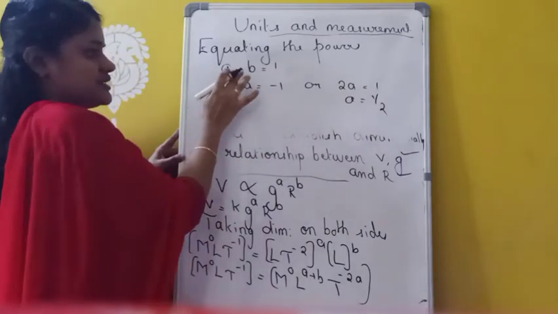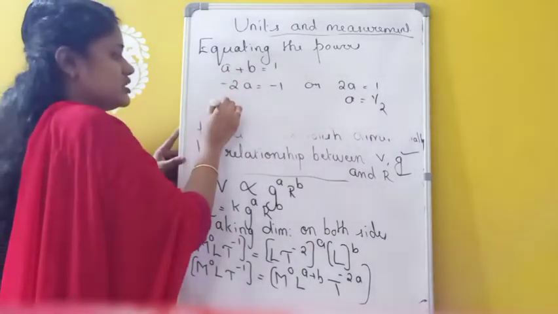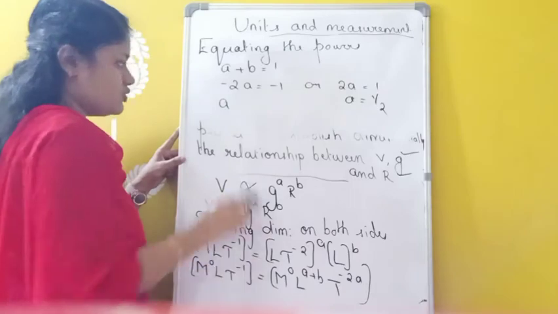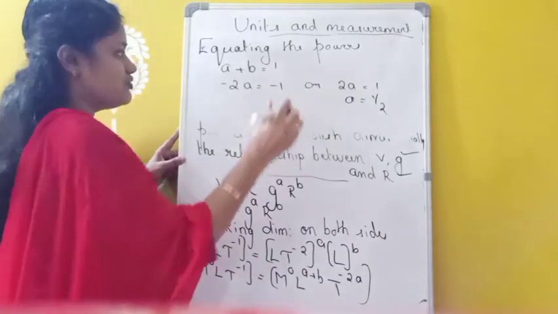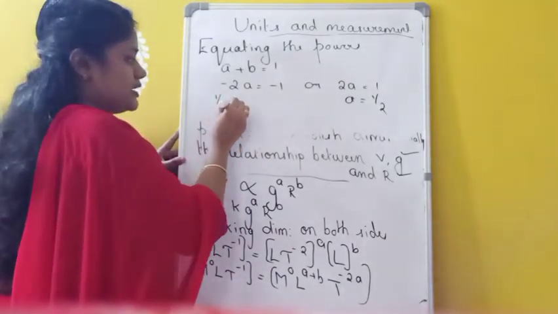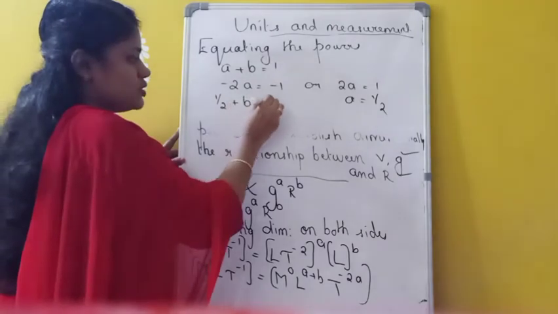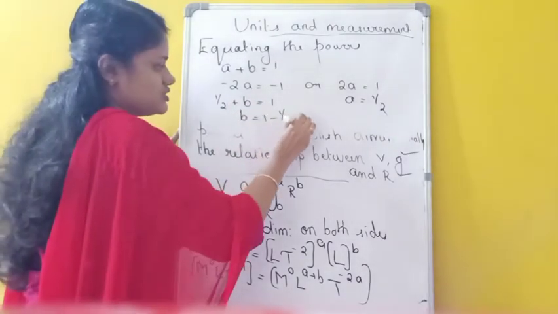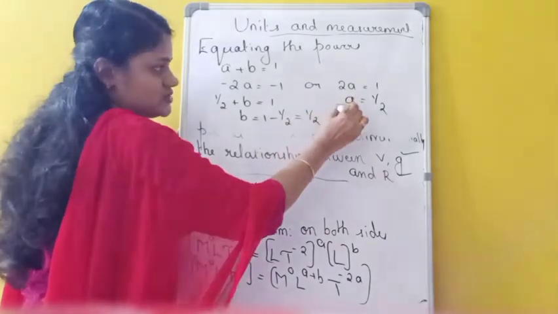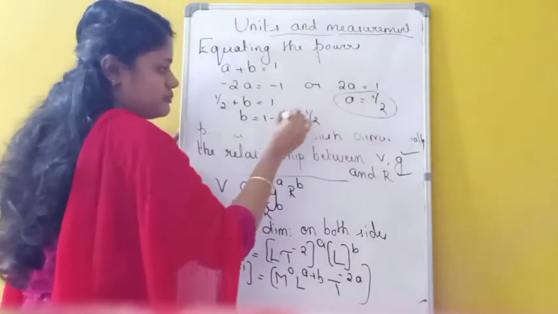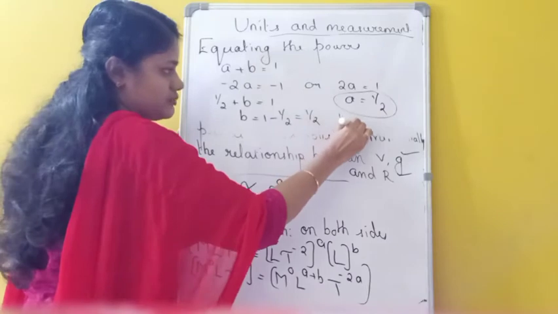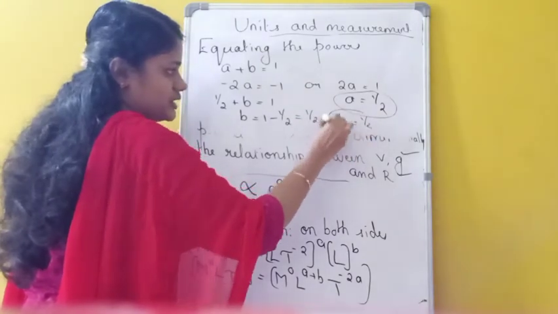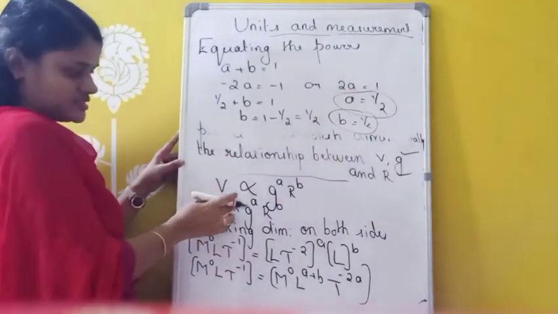So we got A equals 1 by 2 now. From this formula we can find which one also? B. A equals half, so half plus B equals 1. That means B equals 1 minus half, which is half. So A equals half and B also equals half. Now we can substitute these two values in the equation.